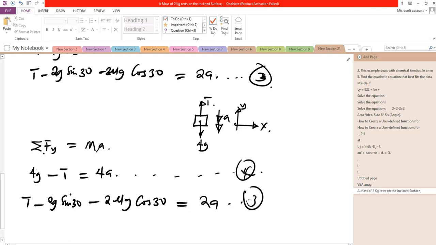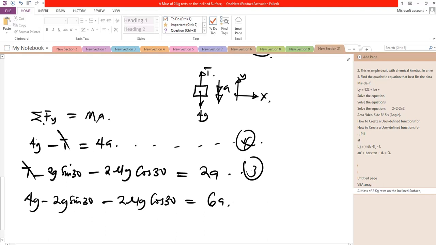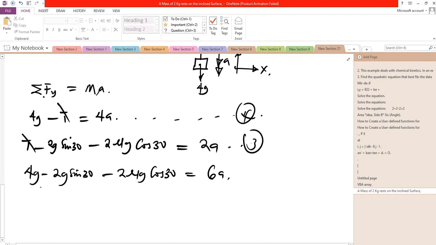This is equation 3. If you add them together, these tensions will cancel each other. You have 4g minus 2g sine 30 minus 2 mu g cos 30 is equal to 6a. So that is it.